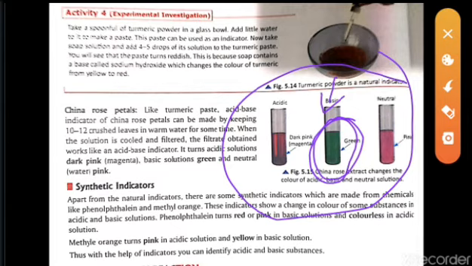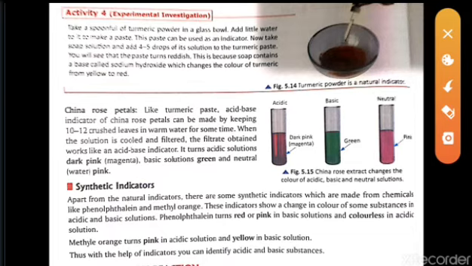If it is an acid, then it will be dark pink. And if it is neutral, then it will be light pink, watery pink. So from here we have got our answers. If you do not have litmus paper or methyl orange, you can prepare a natural indicator at home with the help of turmeric or China rose petals.